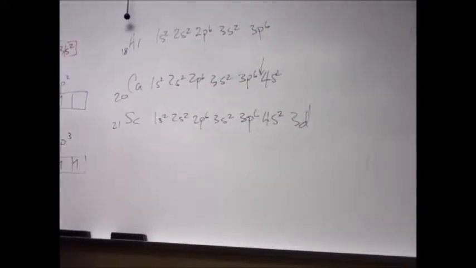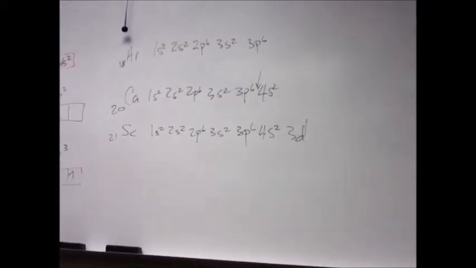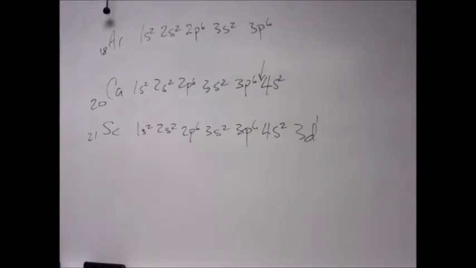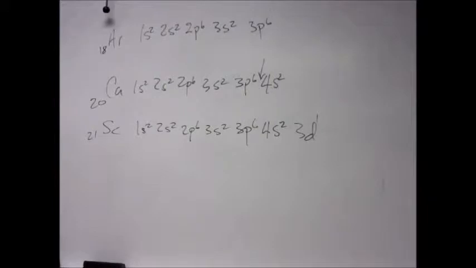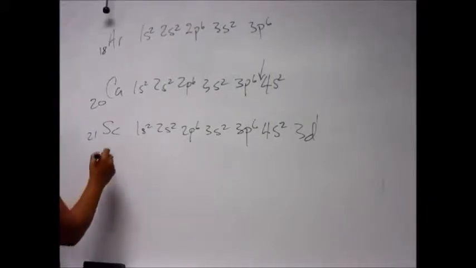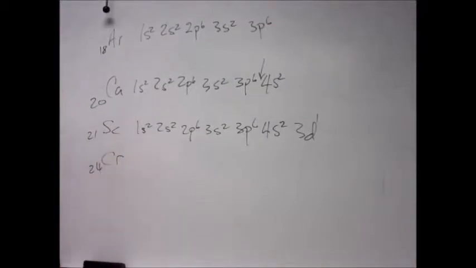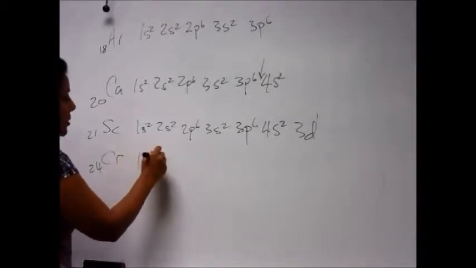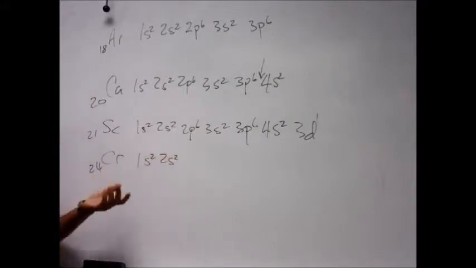Then let me not go sequentially, let me pick some specific ones that we need to work on. Let me take chromium. Chromium is 24. Chromium is the exception there. So 1s2, 2s2, and this is where you start getting bored.